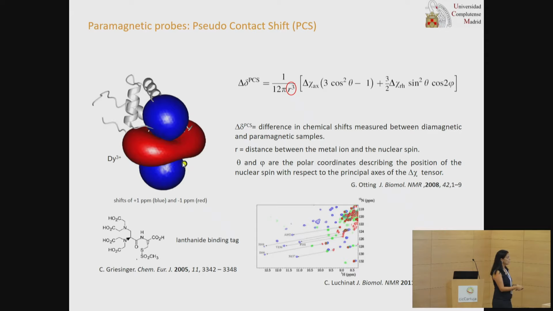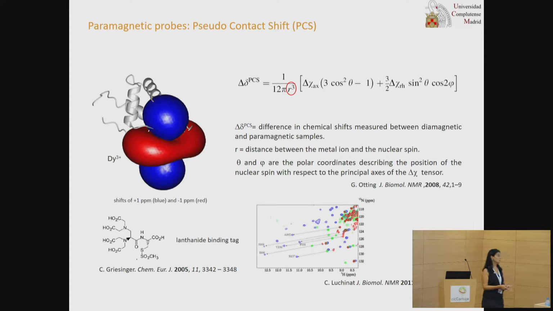And you can have positive or negative chemical shift changes that are drawn here as red and blue color in the isosurface. That means that the signals can move in one direction or the other way around, and this contains information, because if it moves, for instance, in the positive part, the nuclei should be in this area, and if it moves in the negative part, the nuclei should be in this area, and this contains structural information.